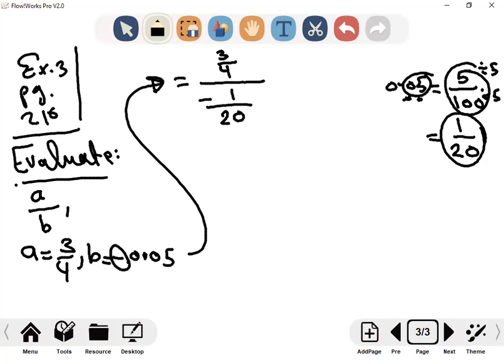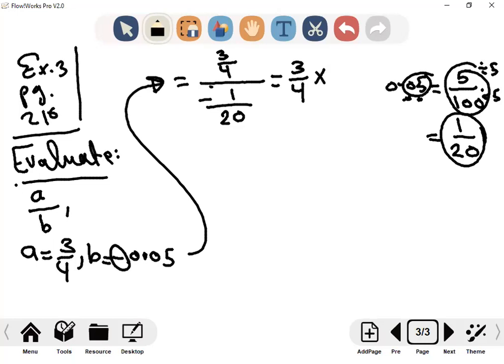We have a fraction divided by another fraction, right? So A over B divided by C over D. The first one up stays the same. This division turns to what?